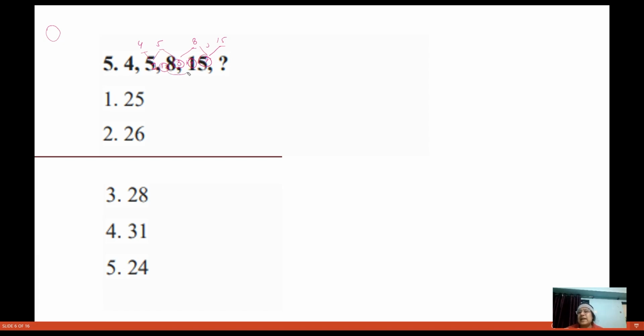By that logic, this difference is plus 2, this difference is plus 4. We don't have a third term to validate this, but if I add plus 6 to 7, that will become 13. And if I add 13 here, that will become 28.